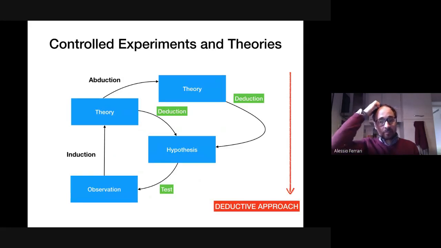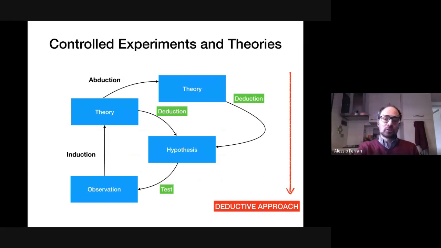These are examples, and now let's see how these experiments are placed in our diagram of theory building in software engineering and in science in general. Basically, controlled experiments are deductive approaches, so they are positioned in the top-down direction of this diagram.